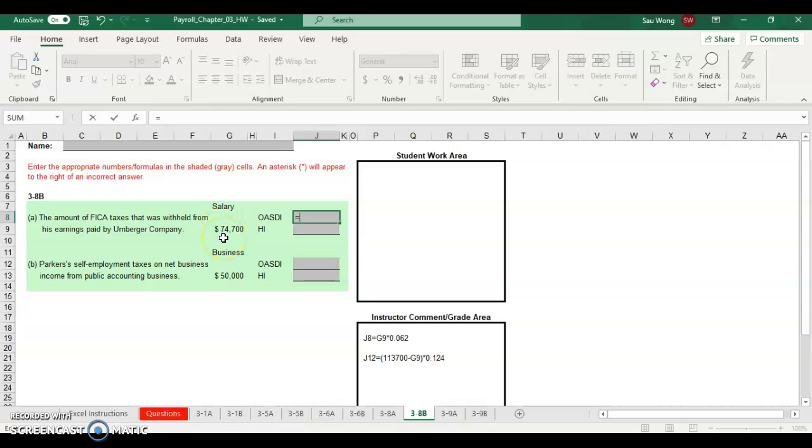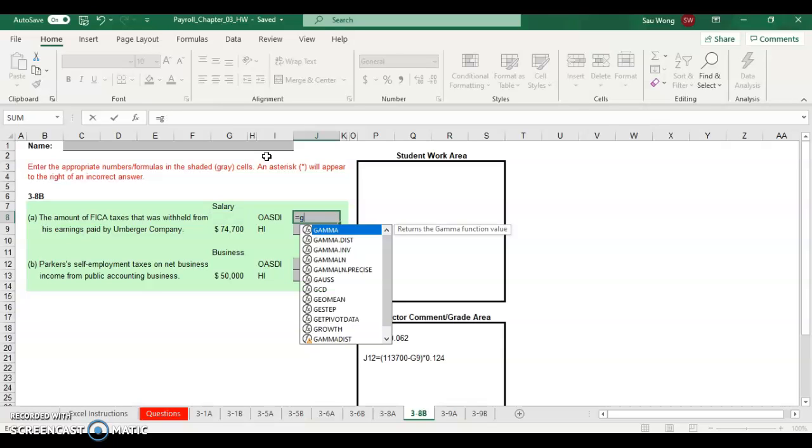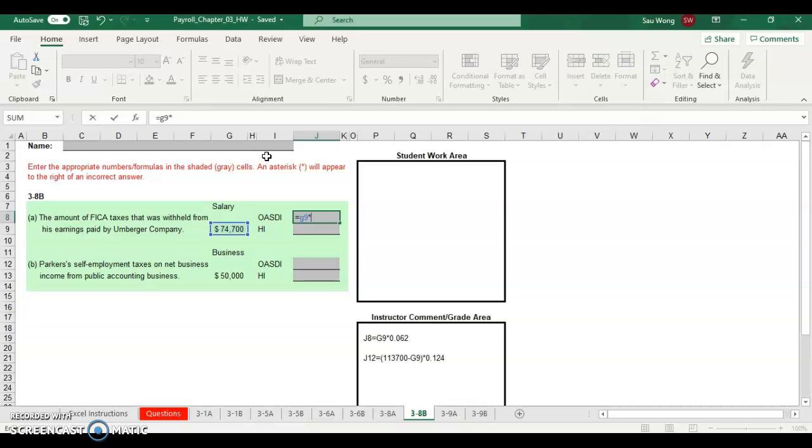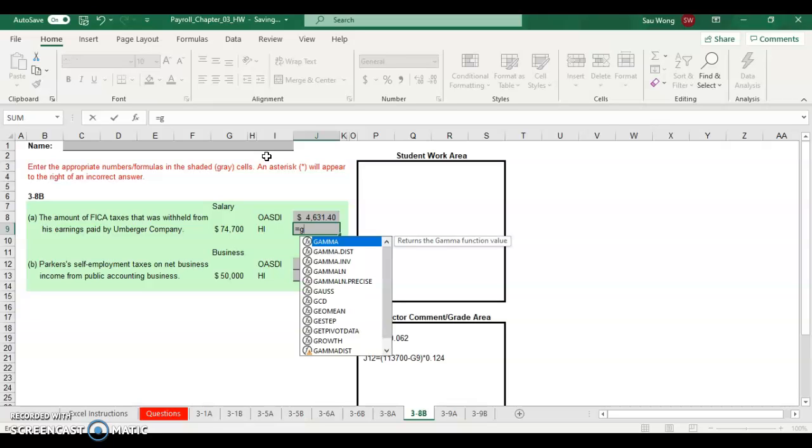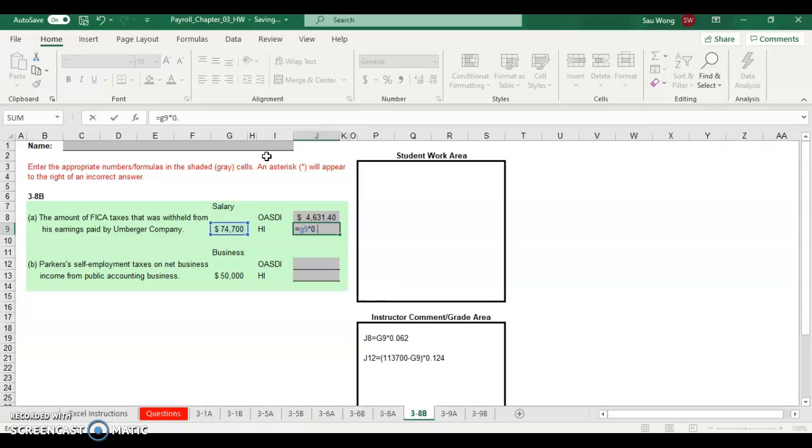G9 is this one, 74,700, times 0.062, so it's 6.2%. And the Medicare tax would be equal to, Medicare has no cap on it, so it will be equal to G9 times 0.0145.